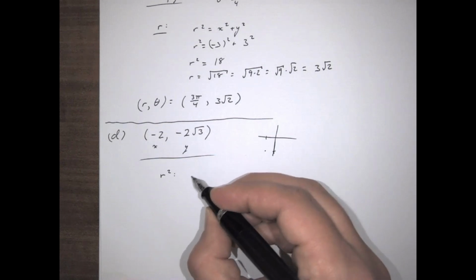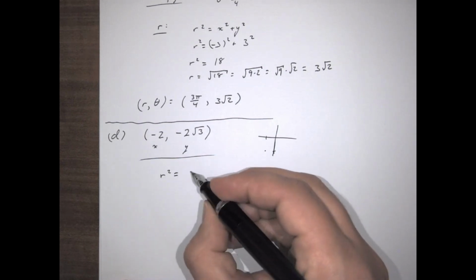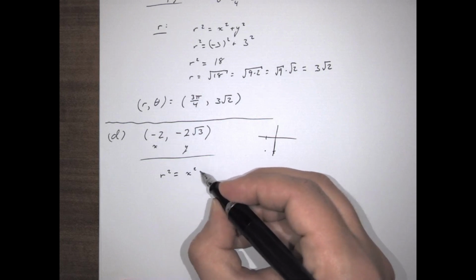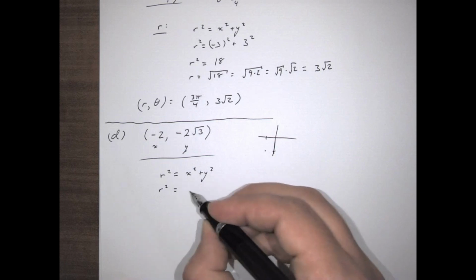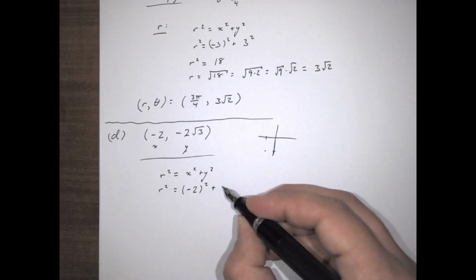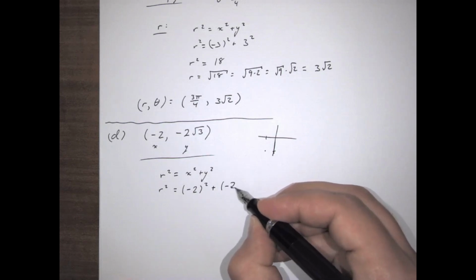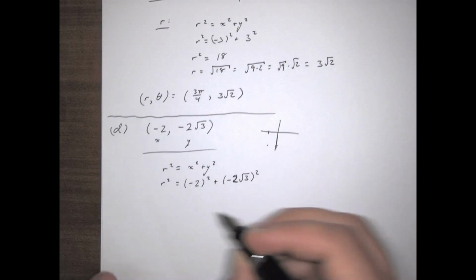So r squared is equal to x squared plus y squared, which here means r squared is going to be negative 2 squared plus negative 2 square root of 3 squared.